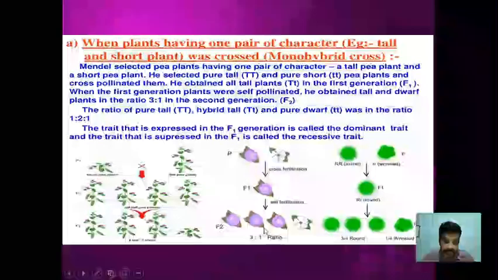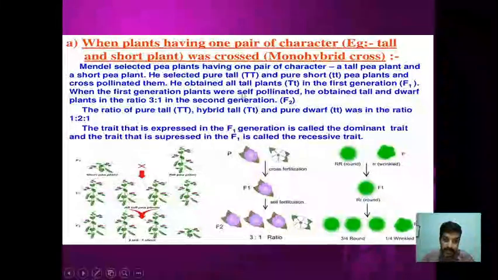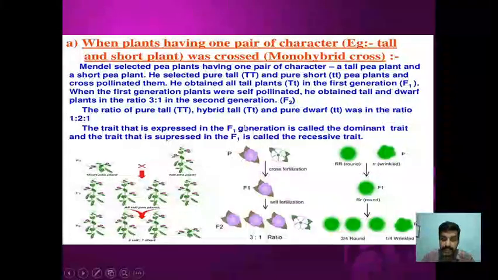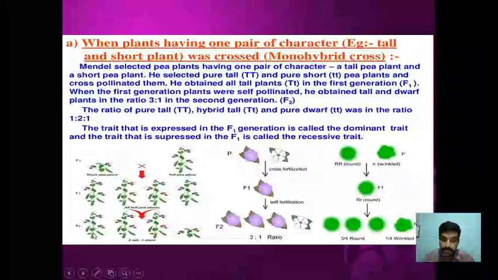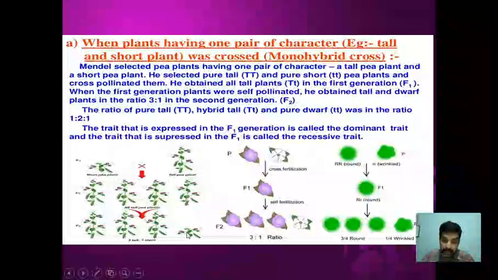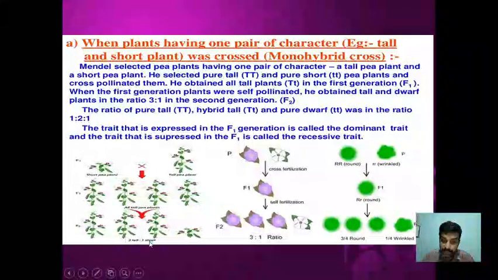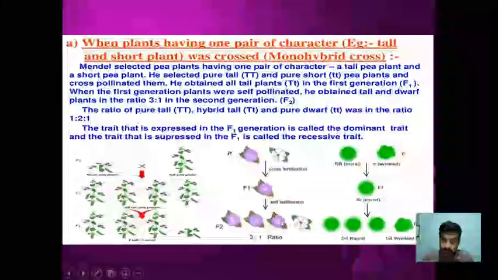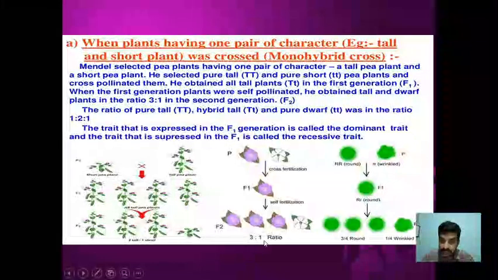You can see this in all three things in a monohybrid cross. Monohybrid cross means the inheritance of a single gene. In the F2 generation, out of 4 plants, 3 were tall and 1 dwarf, that is 3:1. Then here 3 violet flowers and 1 white flower, once again 3:1.